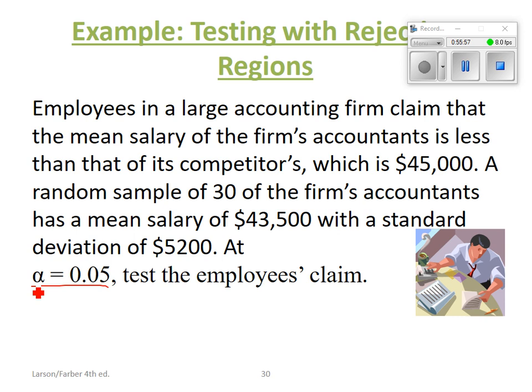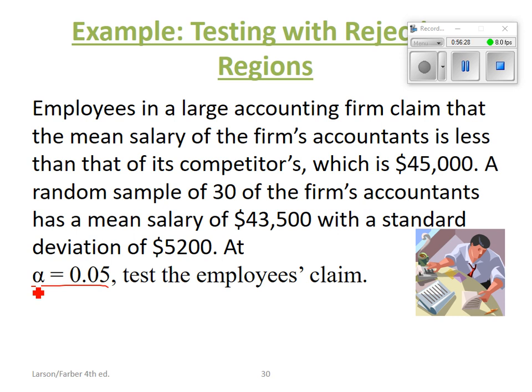Take negative 1,500 and divide by, and you guys could probably do this easier, I probably should have done it a different way. I'm going to divide by that number right there, 949.3857663, and I get Z equals negative 1.58.